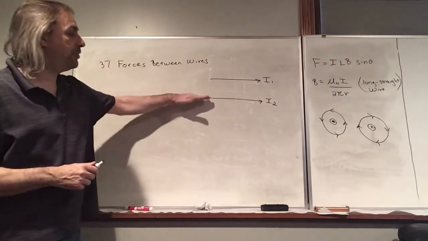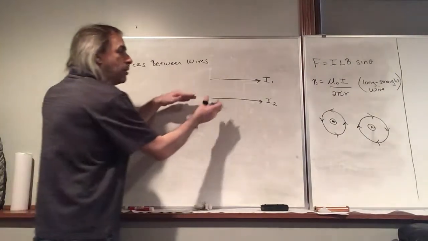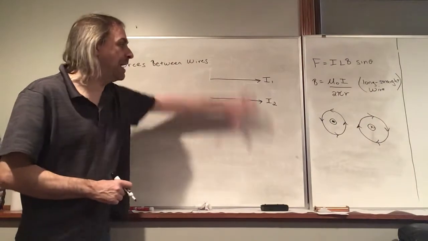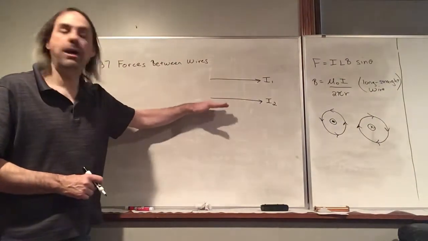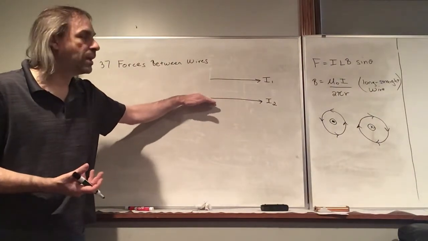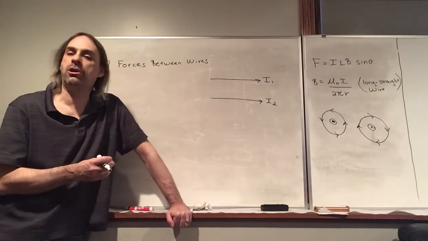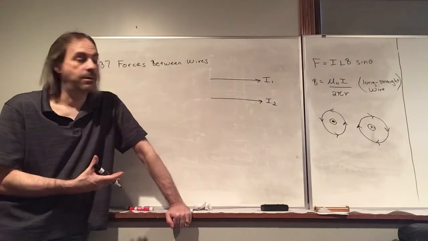And so, in one sense, a wire creates a magnetic field around it. So let's say I2: there's a magnetic field due to wire 2, just in the space around wire 2. And magnetic fields exert forces on currents.